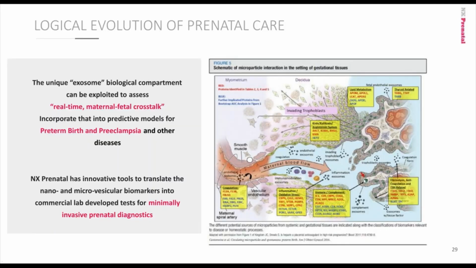So as an overall summary, and to wrap up, I'd like to point out that we have a distinct early warning system that follows a logical progression of monitoring prenatal care. We are sampling important biological processes and the crosstalk between the mother and the child, as well as systemic information and the reactions to the maternal-fetal environment by the mother.